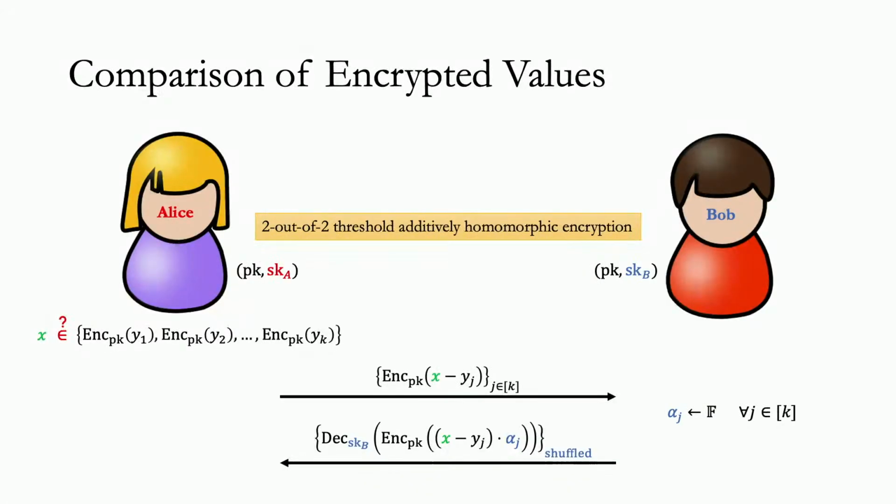So what ends up happening is that if any of these match, it's going to be an encryption of 0. Otherwise, it's going to be an encryption of a random element. Then Alice can fully decrypt and see if any of these encryptions are 0. And then we're done with the comparison with encrypted values.